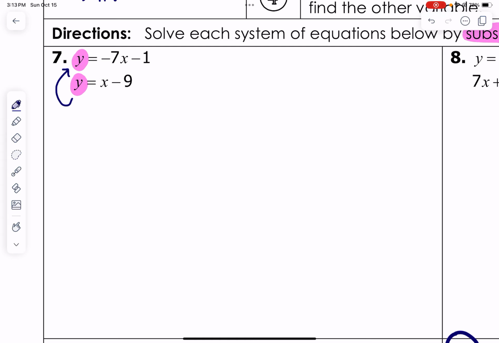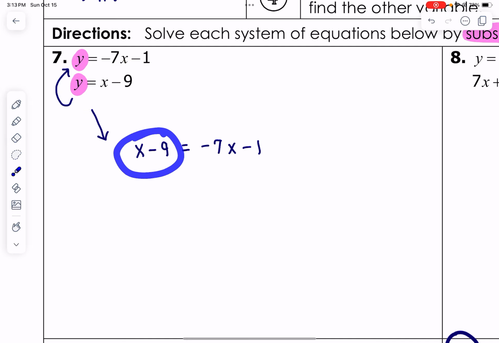That would look something like this. You would get that x minus 9 is equal to negative 7x minus 1. That's if you substitute this y equals into that y equals. Keep in mind y equals x minus 9 for that second equation, so that's why we have x minus 9 on the left here. And then from here, according to the steps that they give us, you would just go ahead and solve for x.